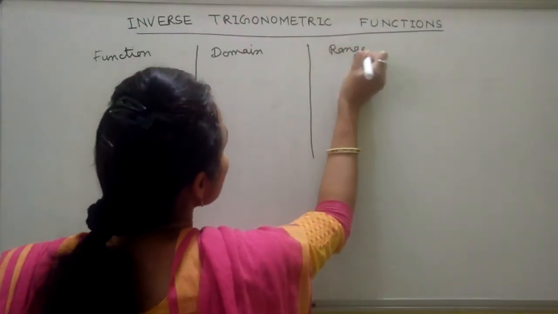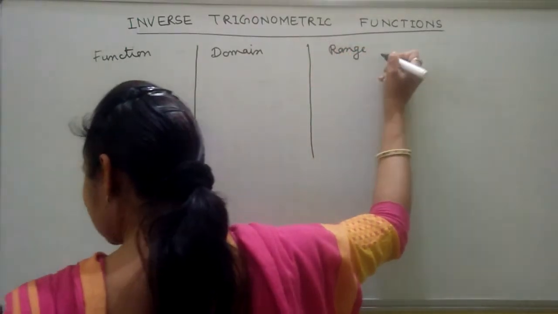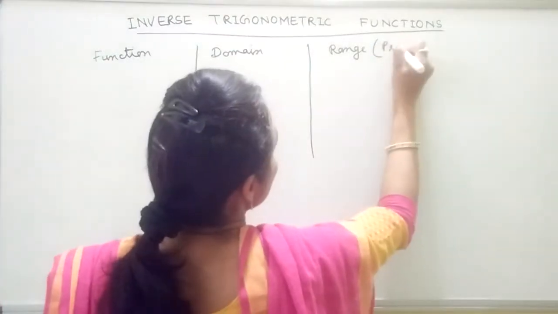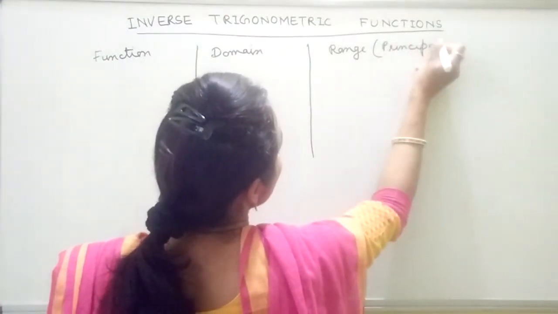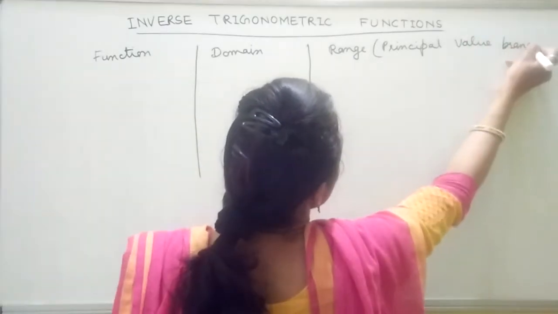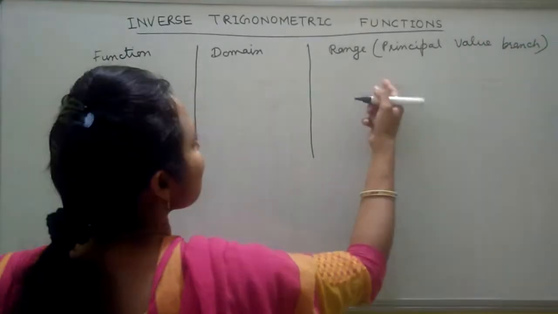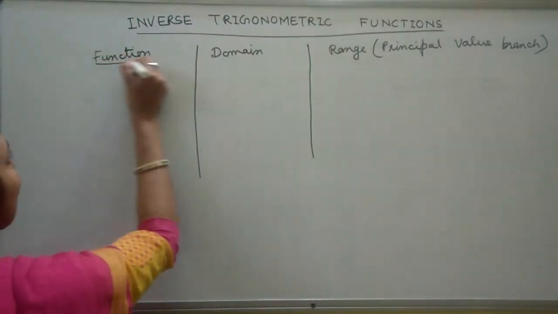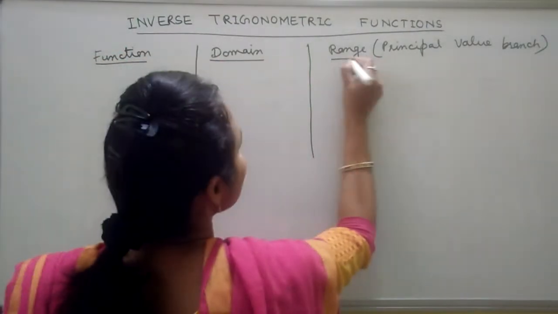The range is also known as the principal value branch. First is the function, second is the domain and their range.